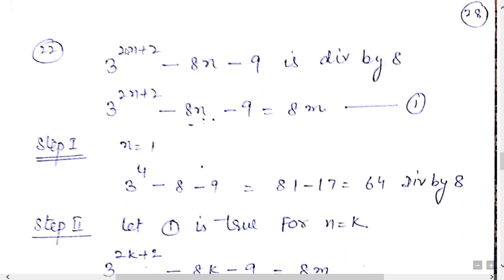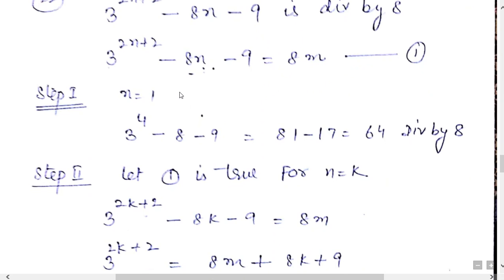Question number 22. This is an important question. 3 raised to power 2n plus 2 minus 8n minus 9 is divisible by 8. Let it be 8m. In the first step, insert n is equal to 1. It means 3 raised to power 4 minus 8 minus 9.